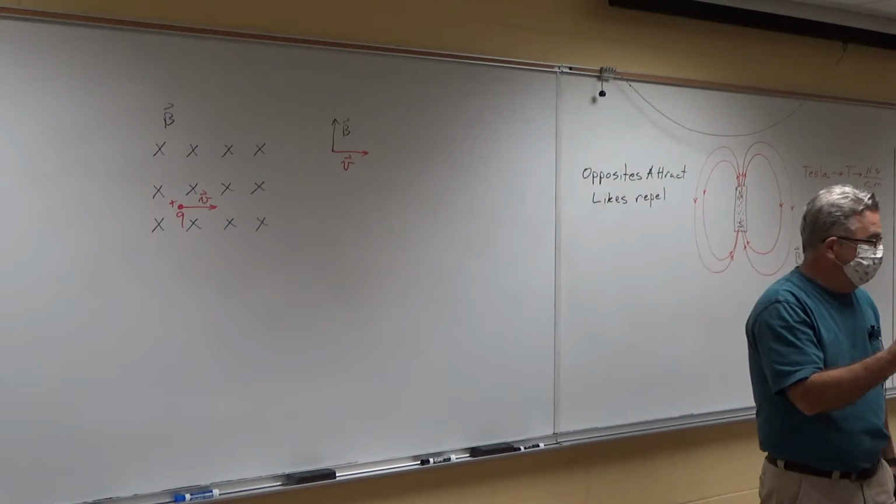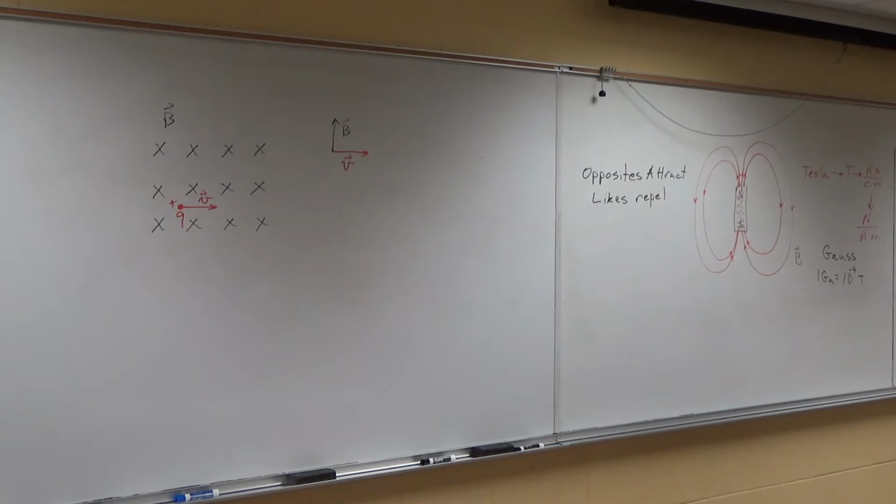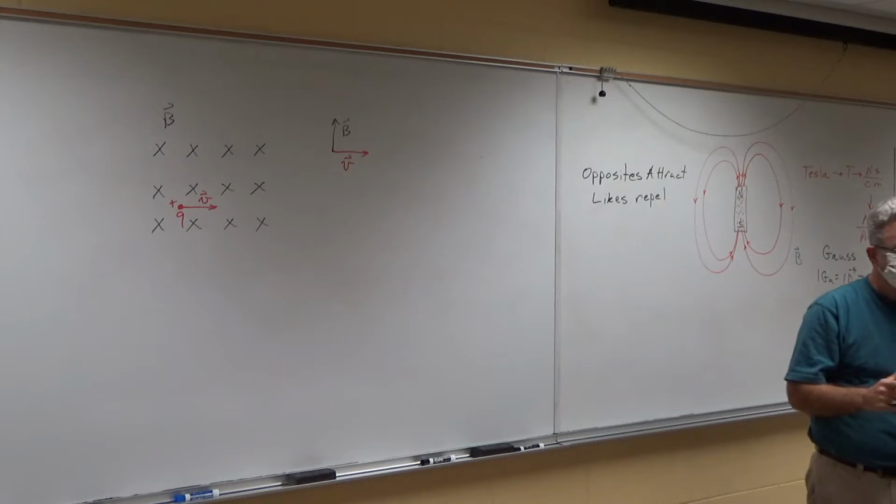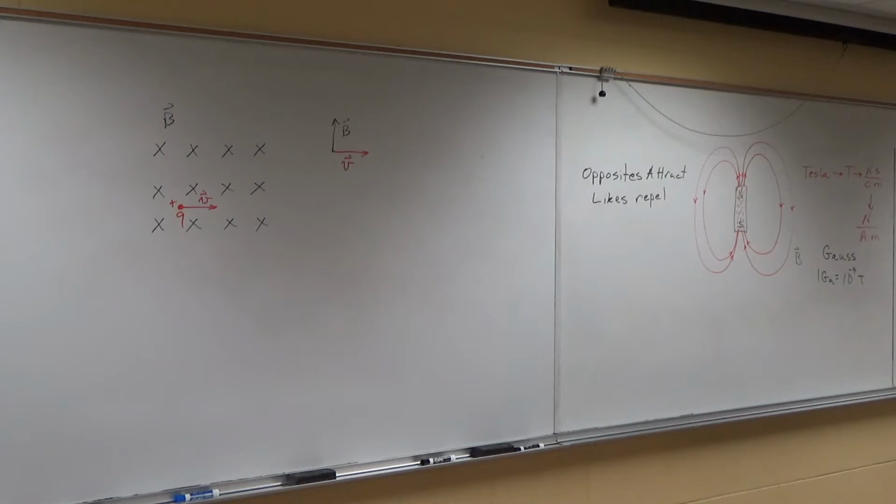You have to know which hand is your right hand. That may seem silly, but I see students all the time on a test, writing furiously and using their left hand. They're getting all the directions wrong. This is a right-handed coordinate system.